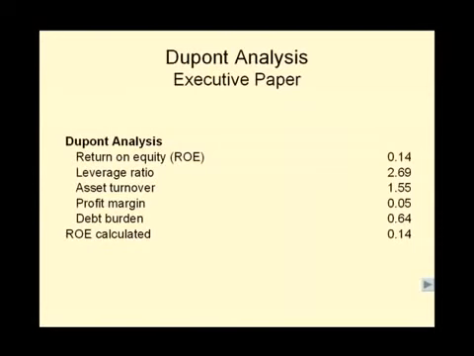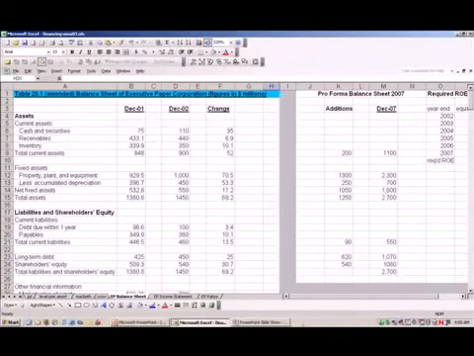Let's use the example in the text of Executive Paper to see how to perform a DuPont analysis. Here are the component ratios of the DuPont analysis already calculated. Let's go to our Excel file to see how these calculations were done. We're back to our financing Excel file, and we have 3 related worksheets: an Executive Paper balance sheet, an Executive Paper income statement, and the Executive Paper financial ratios.